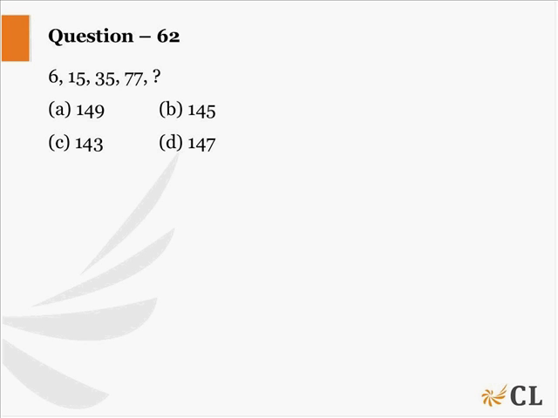So if I say this is into 2 plus 3, this is into 2 plus 5, this is into 2 plus 7, then according to this logic my answer has to be into 2 plus 9, or could be into 2 plus 11 also. Why? Because 3, 5 and 7 are also prime numbers. So maybe it should be 9 or 11.